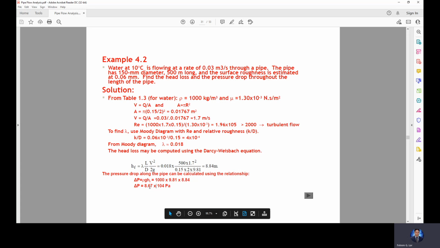So the friction loss or change in pressure along the length of 500 meters of our pipe is 8.67 times 10 to the positive 4 pascals. So it's actually 86.7 kilopascal. Okay?